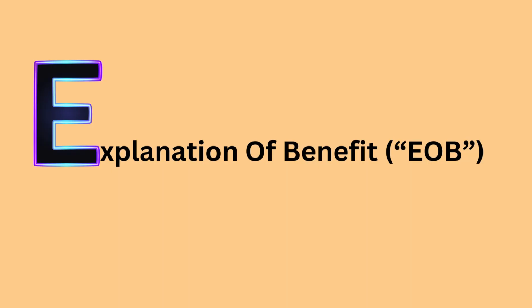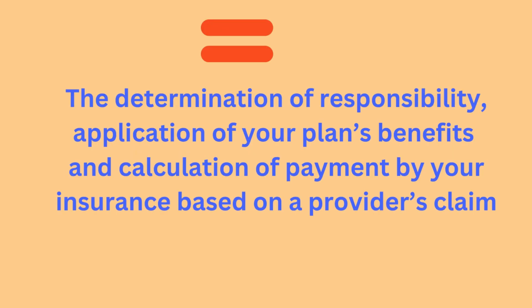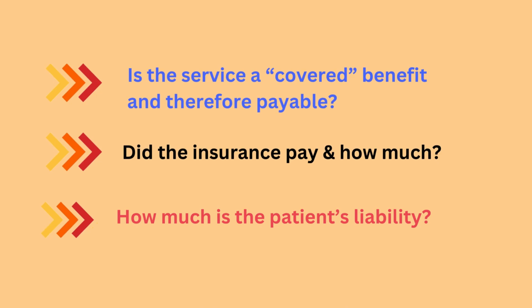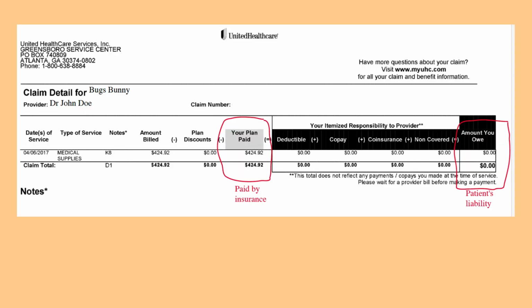And now, finally, on to that explanation of benefit. This most important paper from your insurance determines whose responsibility is how much. It applies the plan's benefit to a charge from your provider and calculates any payment based on the terms of your policy and any contract between the provider and your insurance.